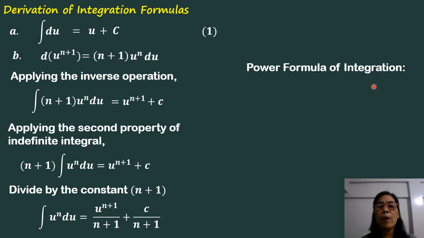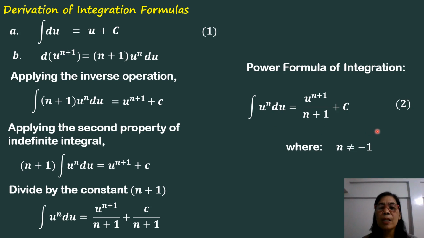Hence, we now have the power formula of integration, that the integral of u raised to n times du is equal to u raised to n plus 1 all over n plus 1 plus the arbitrary constant c. Take note that in this formula, n must not be equal to negative 1.